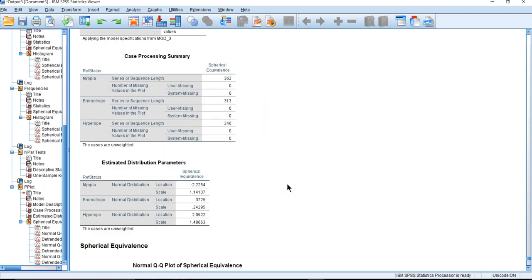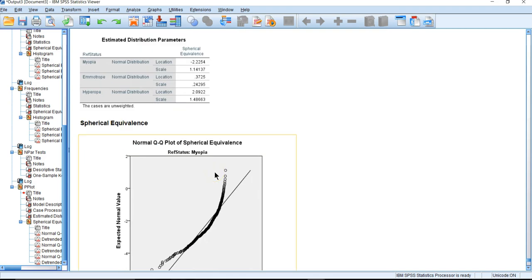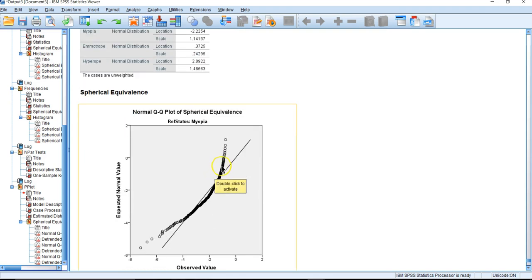Now, what does this look like? We get the mean and standard deviations. That's what location and scale for the normal distribution are. And here is our QQ plot for a normal distribution for myopia.